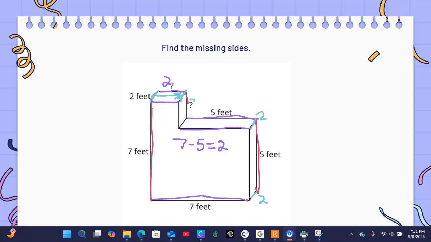If this is 7 on the left and this is 5 on this shorter piece, what is this small piece right here? Well, in order to find that, we would have to say 7 minus 5 again would give me a height of 2. So I'm going to go ahead and label that 2.